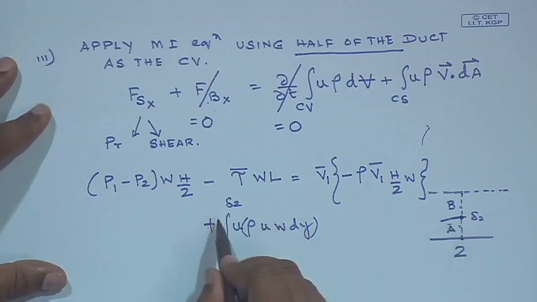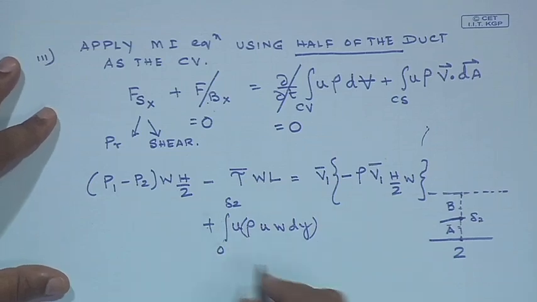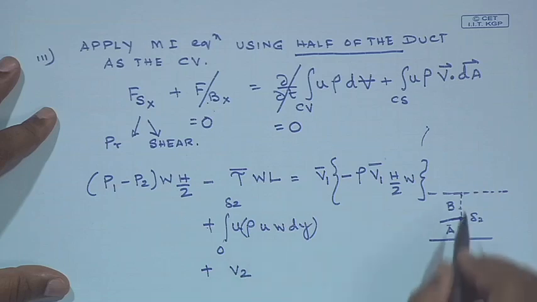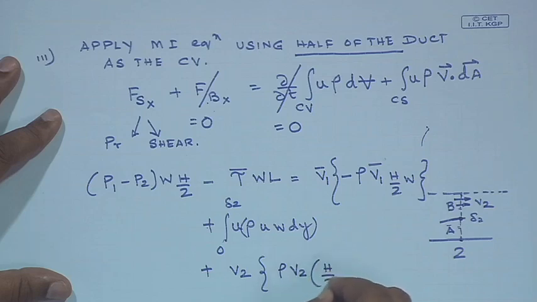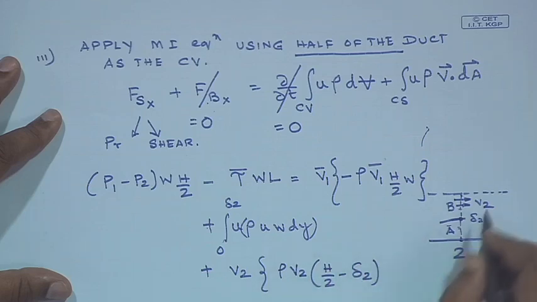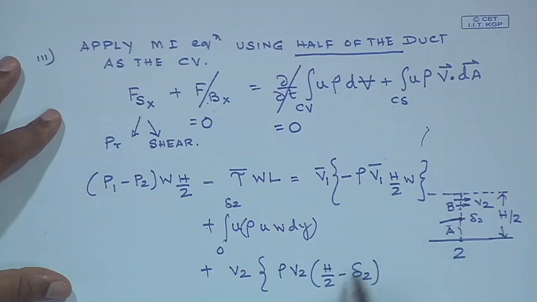Since it goes out, it is going to be positive. And for B, I know that the velocity is going to be equal to V2 because that is the inviscid flow. The mass flow rate is rho V2 times (h by 2 minus delta 2) times W. So, this total distance is h by 2, and I subtract delta 2 from there. This is the region through which inviscid flow takes place.